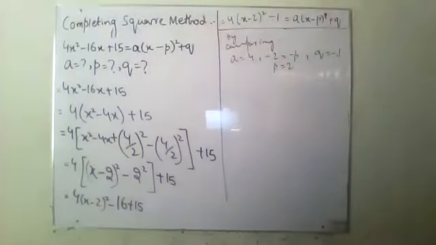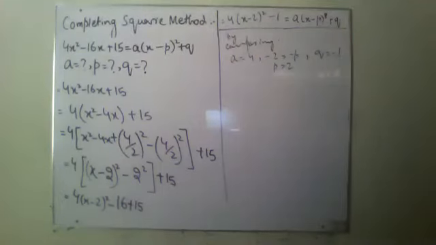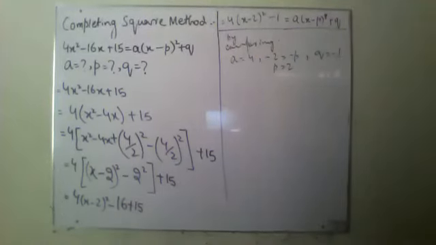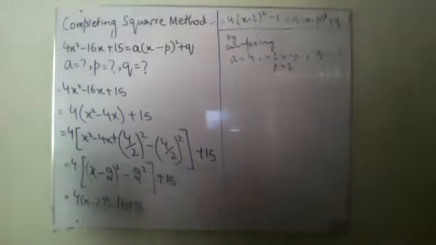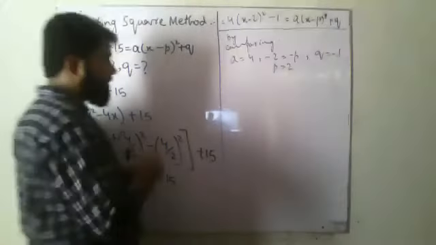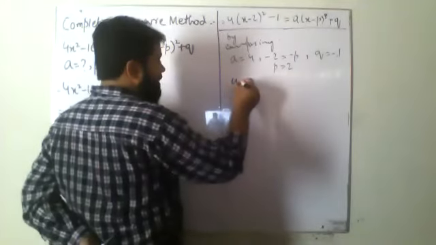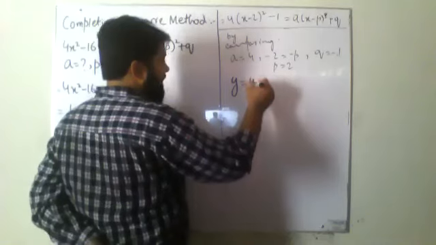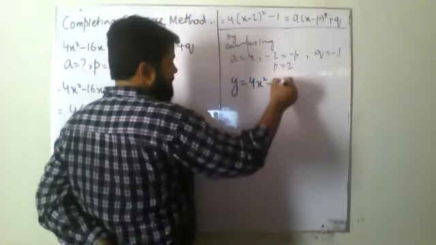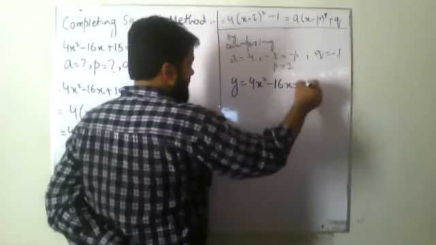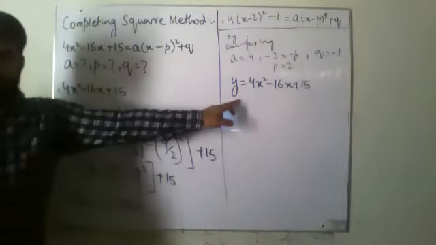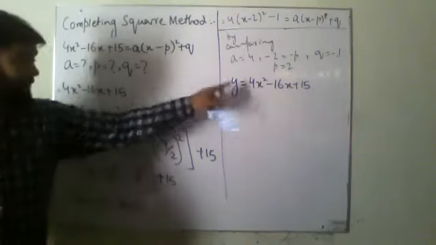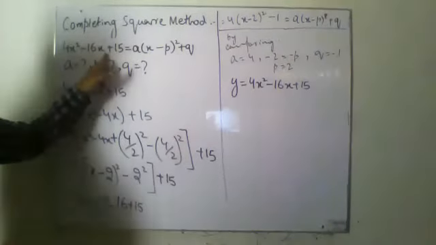Now in the second part of the question they are saying, hence find the coordinate of the minimum point of the curve, and the curve is y equals to 4x square minus 16x plus 15. I have to find the minimum point, and this thing is same.